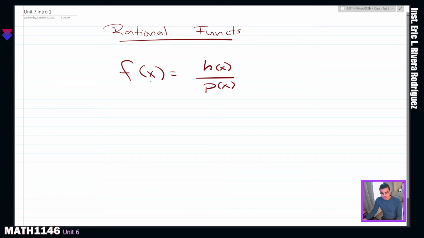It is a function made up of two polynomial functions in a fraction. Here we have a polynomial function in the numerator, and we also have a polynomial function in the denominator. Okay, so that makes up a rational function. We have two polynomial functions in a fraction.